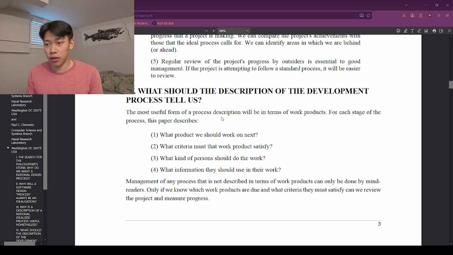What criteria must that work product satisfy? What kind of person should do the work? What information should they use in their work? Management of any process that is not described in terms of work products can only be done by mind readers. Only if we know which work products are due and what criteria they must satisfy can we review the project and measure progress.